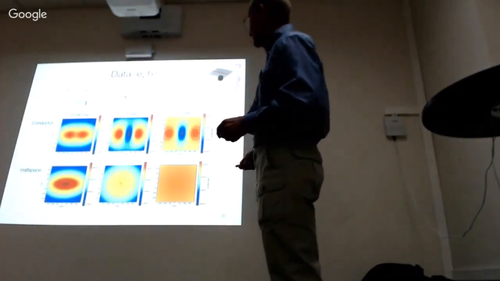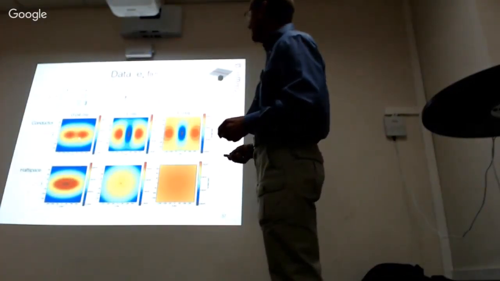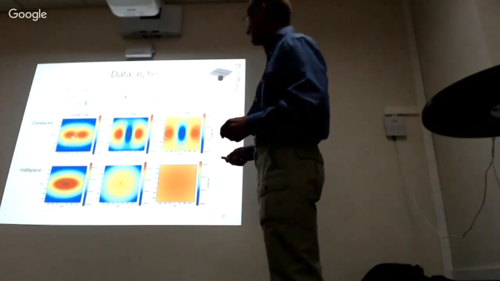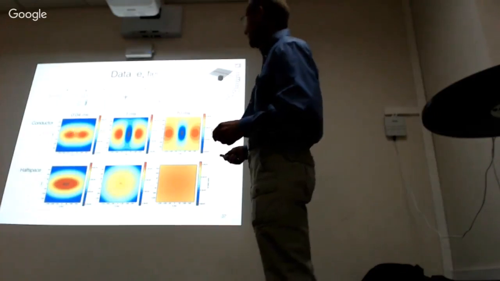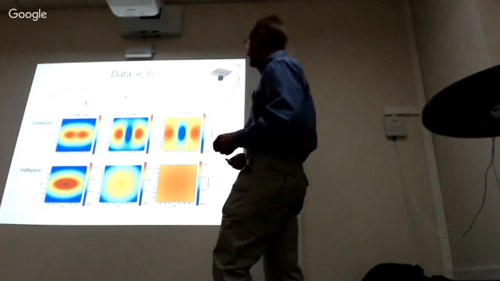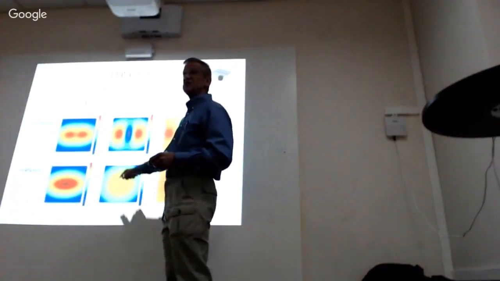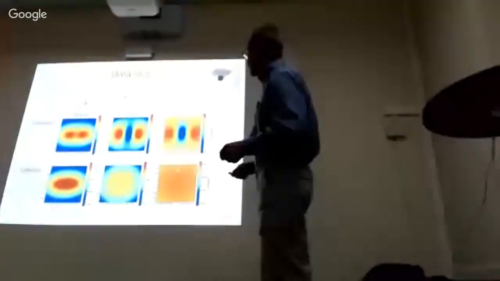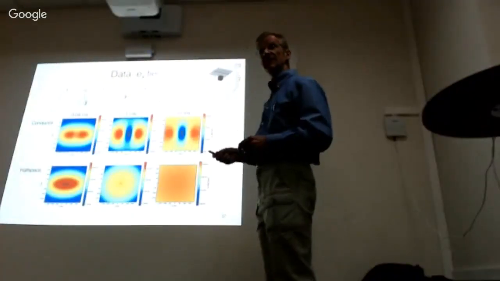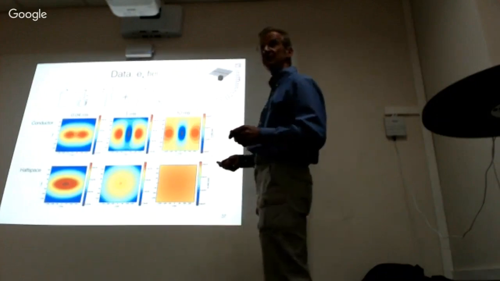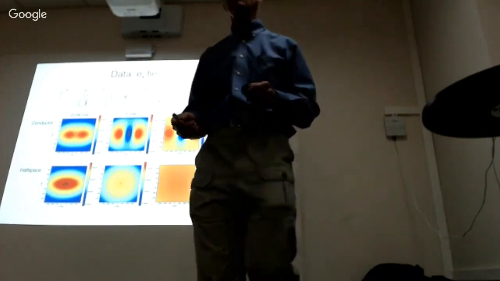This is the half space response at different times, and here's what you get with the conductor. That's significantly different. But look at 1 millisecond. I mean, it's hugely different. And at 10 milliseconds, it's really big. So the electric field in the X direction is a really good thing to do. Okay? How about magnetic field?